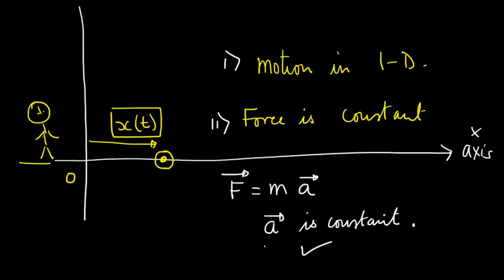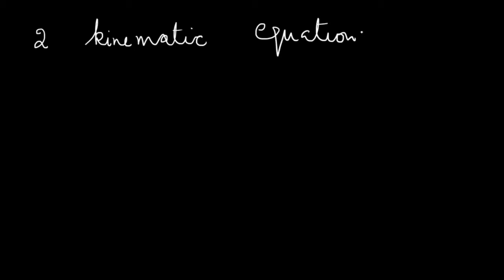This we learned last year, that we have with us two kinematic equations which we studied last year, and I quickly want to write them here again so that you remember them. The first one is actually just the definition of acceleration.